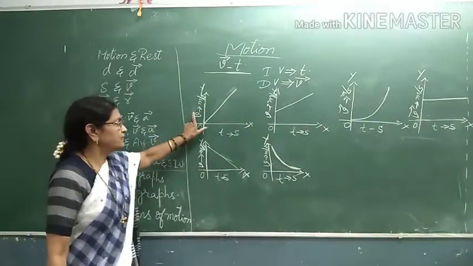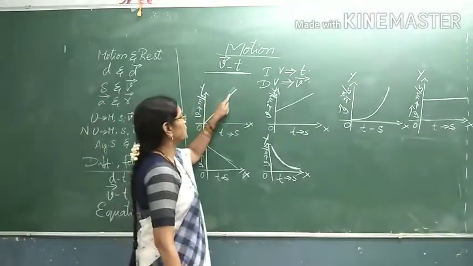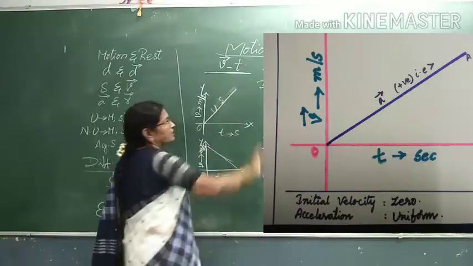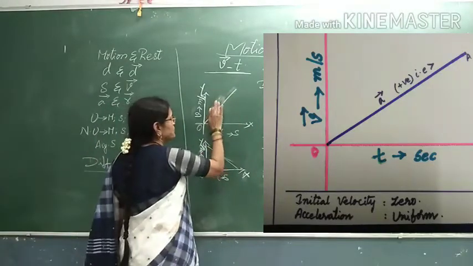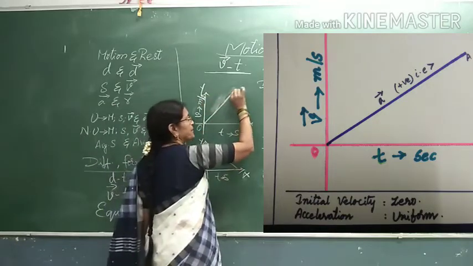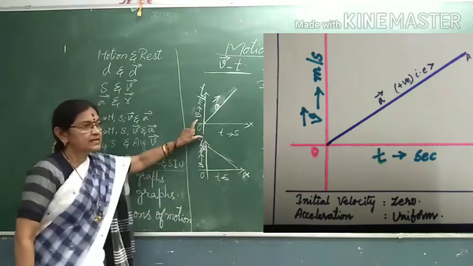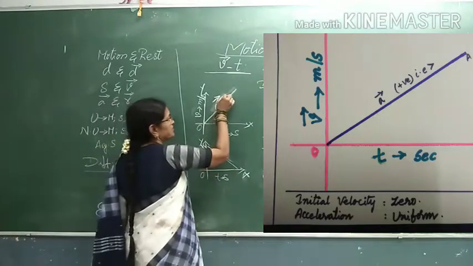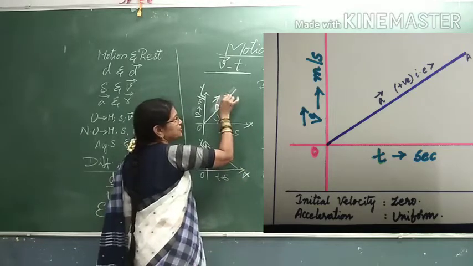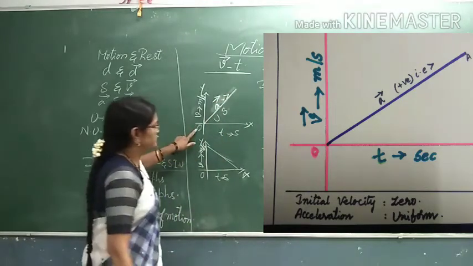So when you plot a graph between velocity and time, the slope represents acceleration in velocity-time graphs. What does the slope represent? Acceleration. So acceleration is increasing. In the second, the body is starting from rest.